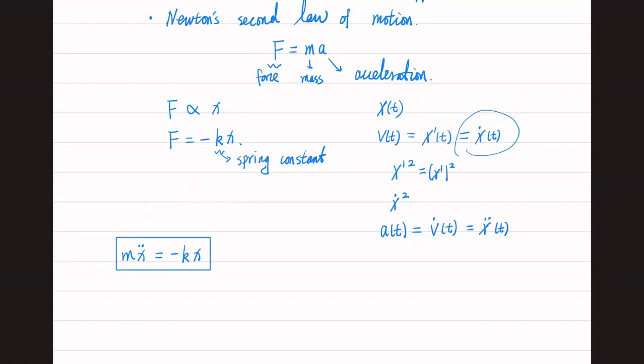We call this the mass spring equation. Again, it's a differential equation. Compared to the previous one, this is a second order differential equation because we're taking the second derivative.